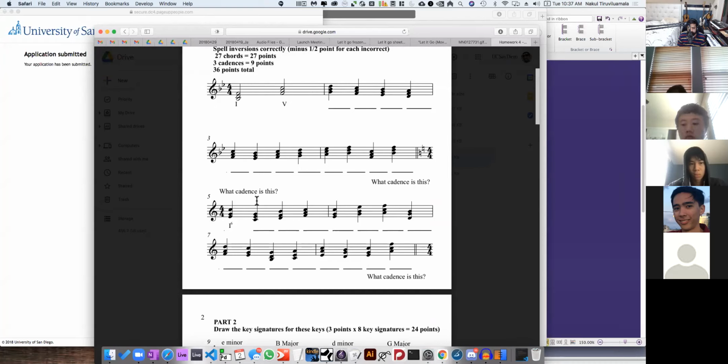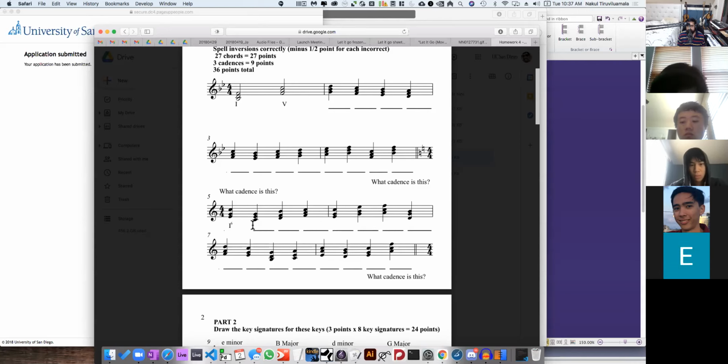Since it's in root position, the bottom note of the chord is the root. And the bottom note of the chord is what note? C, right? So what scale degree is C in the key of C major? 1. So 1 chord, right?